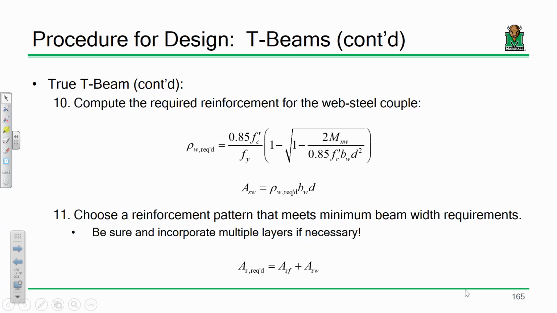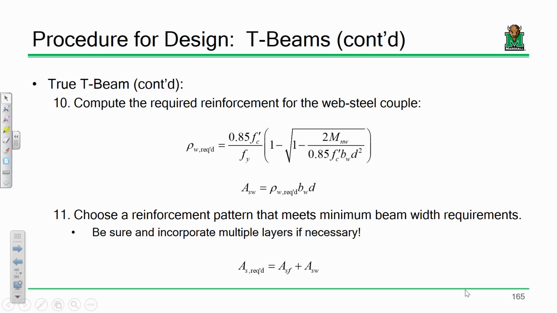The only other thing I would like to mention with T-beams, and we haven't really broached this topic before, is that it can kind of be a necessity with T-beams. T-beams, by their nature, are bigger. Because they're bigger, their nominal moment capacity is bigger. So typically, to generate the required nominal capacity, we tend to have to put more steel in the beam than we would if it was rectangular.